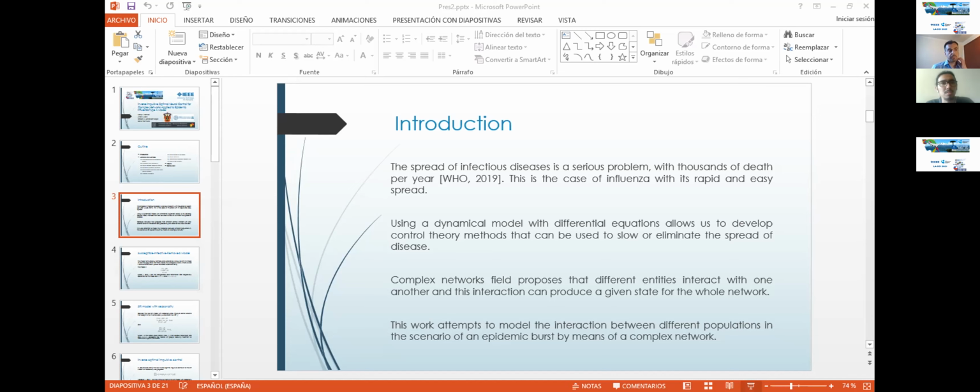We're going to use pinning control, taking advantage of the complex network configuration, and also a neural identifier to identify dynamics of the pinned nodes.